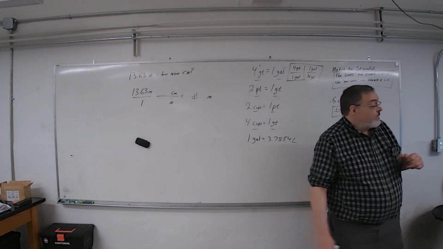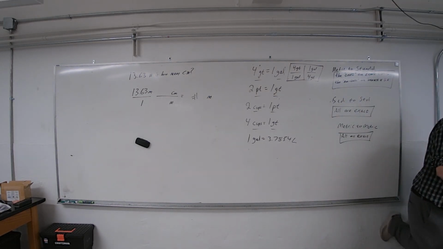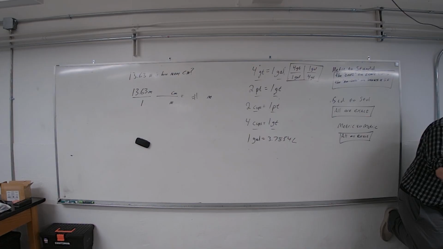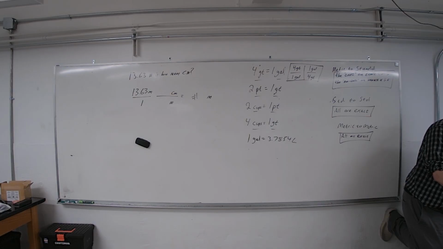So what that chart is telling you, so in the third slide here, where you see prefix, symbol, and multiplier, the multiplier column, so look at centimeters.